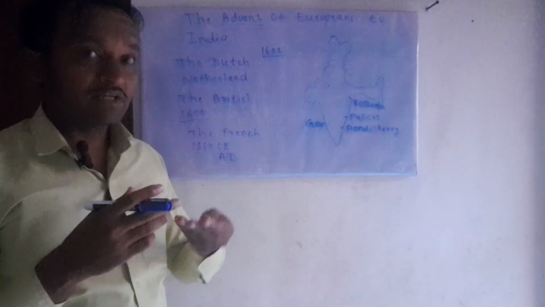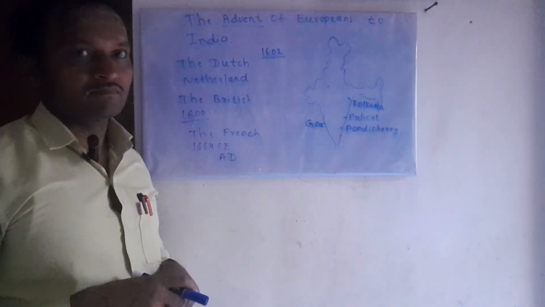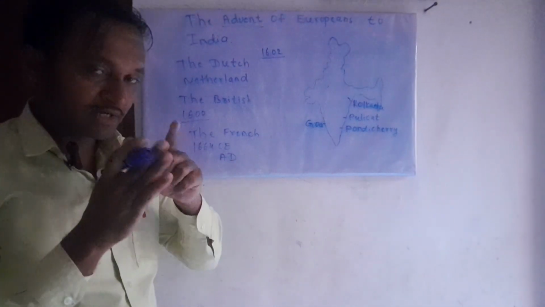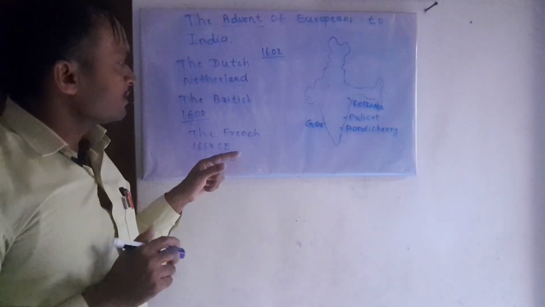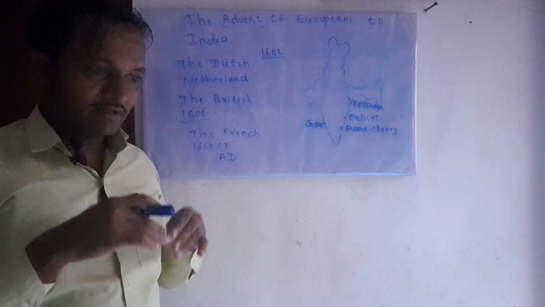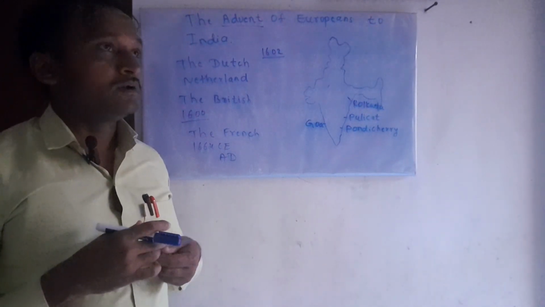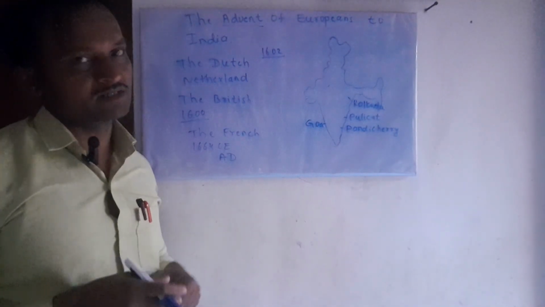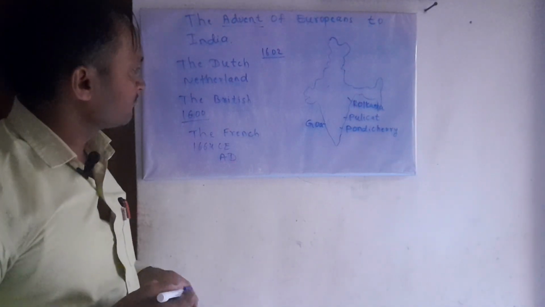In order to protect their trade interest, they entered politics. And the French Navy was weaker than the British one, and many internal disturbances and conflicts took place among the French officials, which also led to the decline of the French.